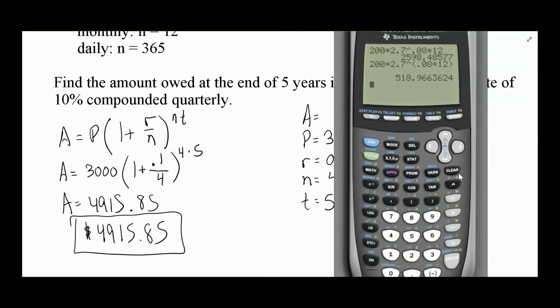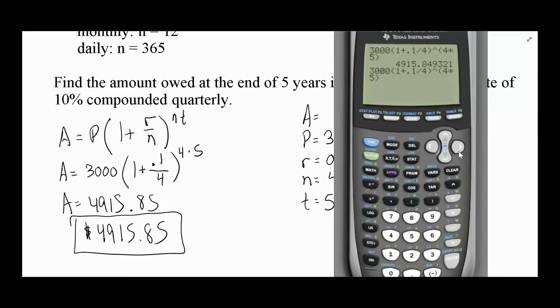So in our graphing calculators or something that doesn't have the math print mode, let's talk about parentheses. For the 1 plus 0.1 over 4, no extra parentheses are necessary, just the parentheses that we had written on paper. Where parentheses become necessary is in the exponent. We need to put 4 times 5 in parentheses to say all of that is in the top together. That gets us the correct answer.